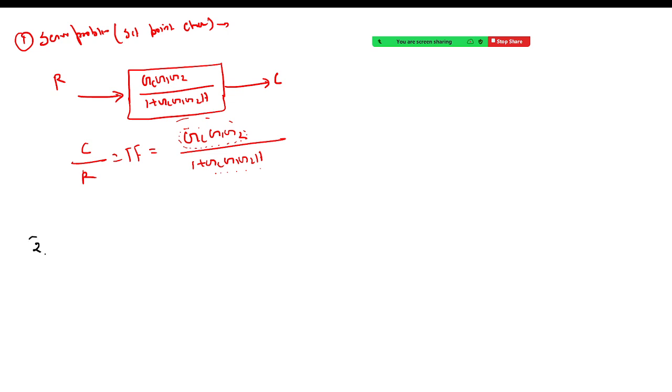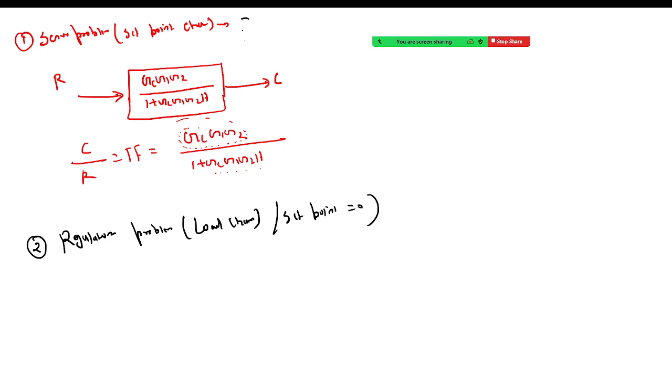And when I talk about a regulatory problem, it means your load is changing and the set point equals 0. Here you can say load equals 0.